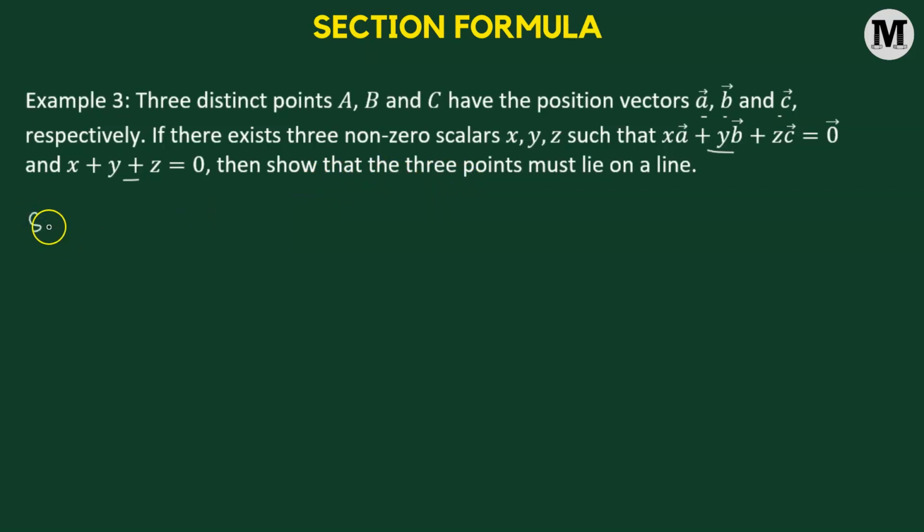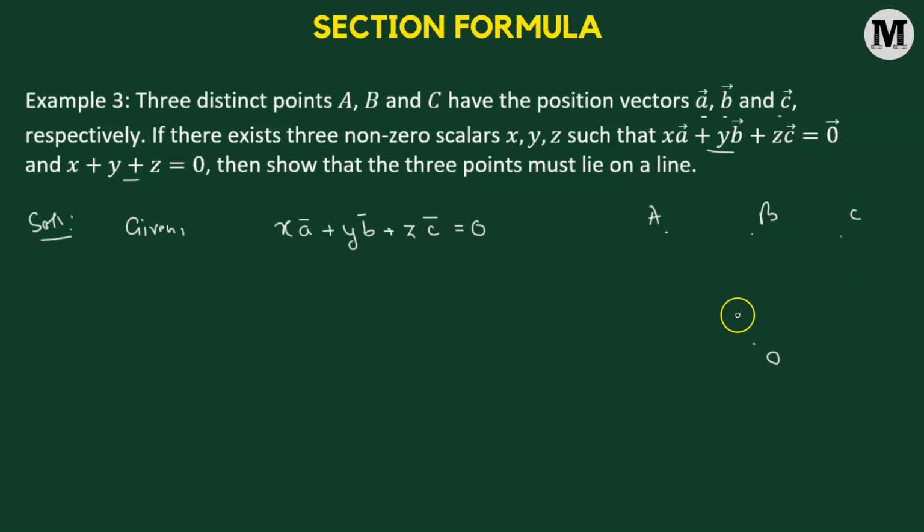Okay, let's try to understand the problem first. Here it is given that we have x times A vector added to y times B vector plus z times C vector equals 0. Now this is defined for 3 points A, B, and C. Point A, point B, and point C have position vectors A, B, and C respectively.